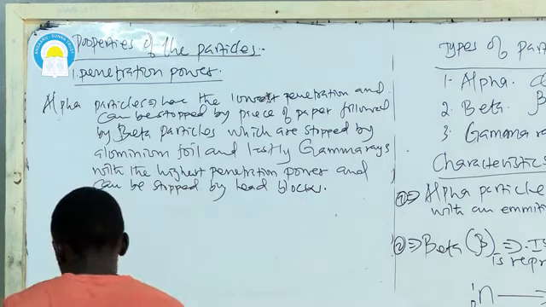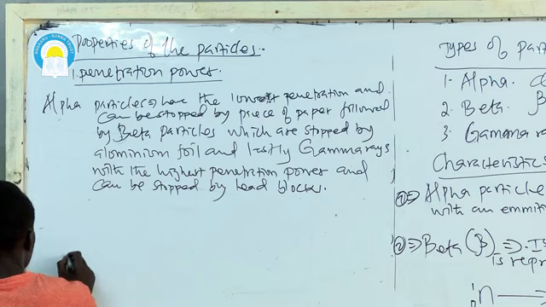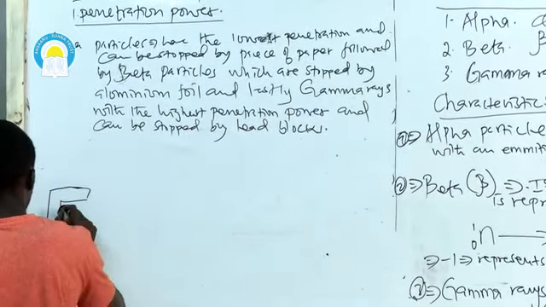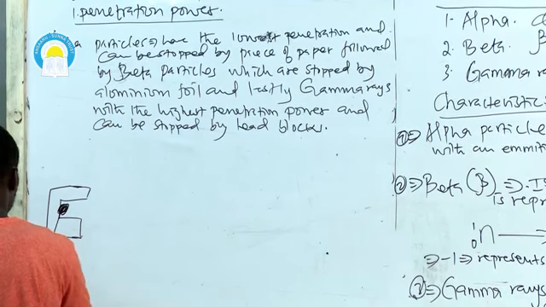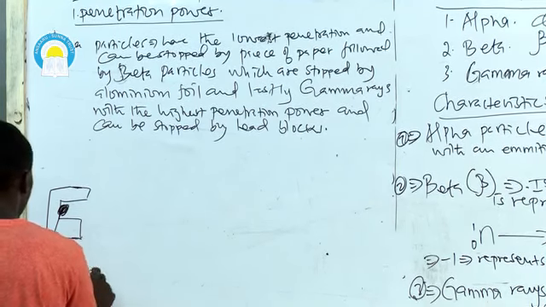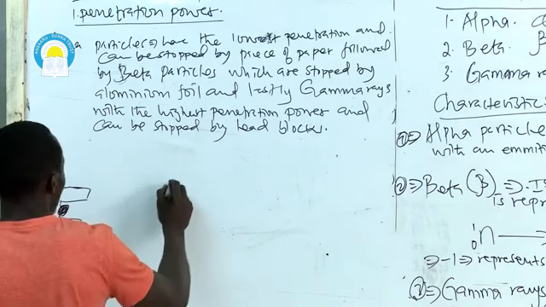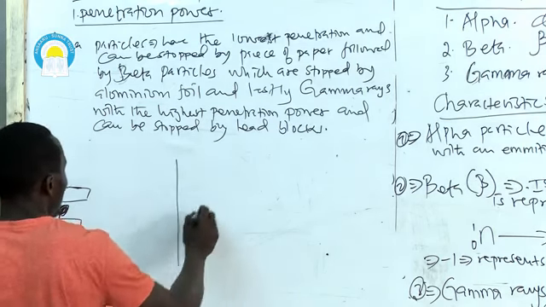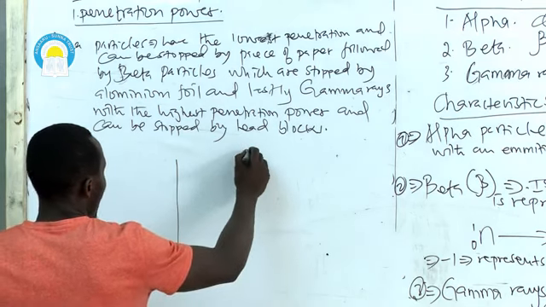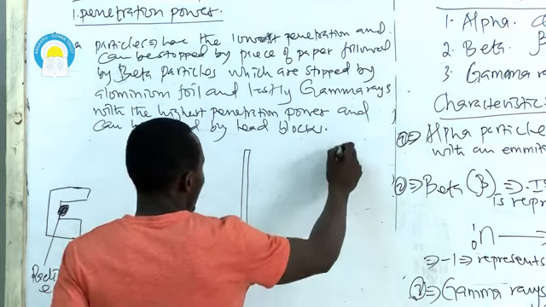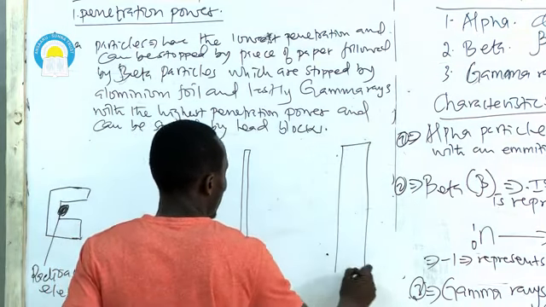So if we have a radioactive element here, then we have a piece of paper, an aluminum foil, and the lead blocks.